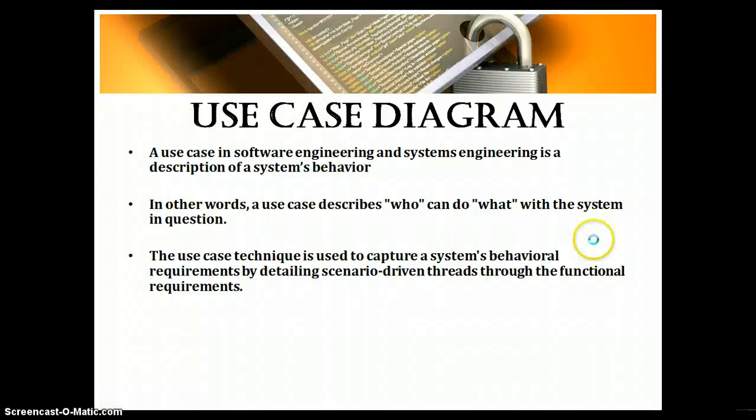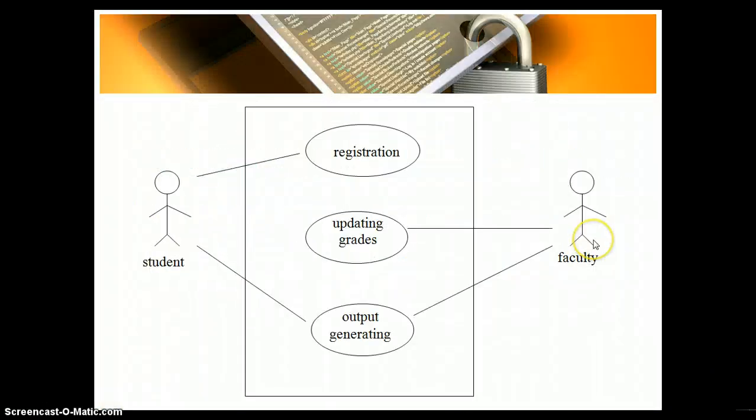A use case diagram is a diagram where you can see who is doing what. Here it's just a simple university or school management system. You can see student and faculty. These are called actors.